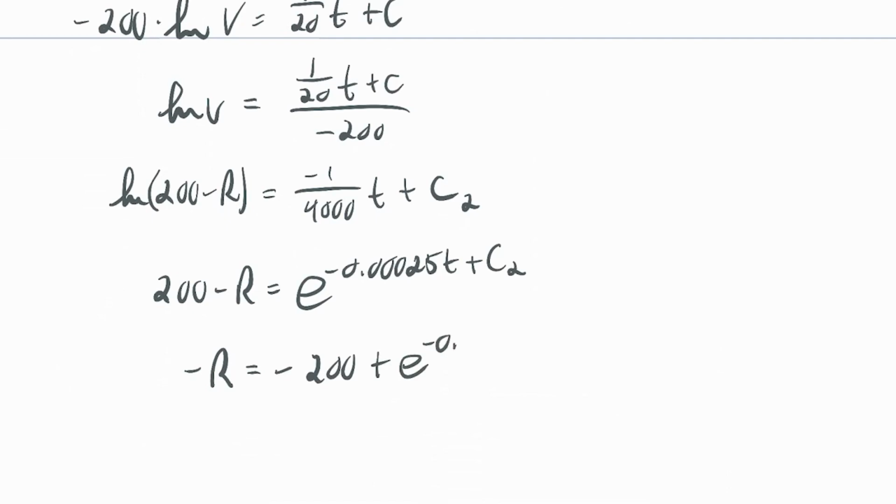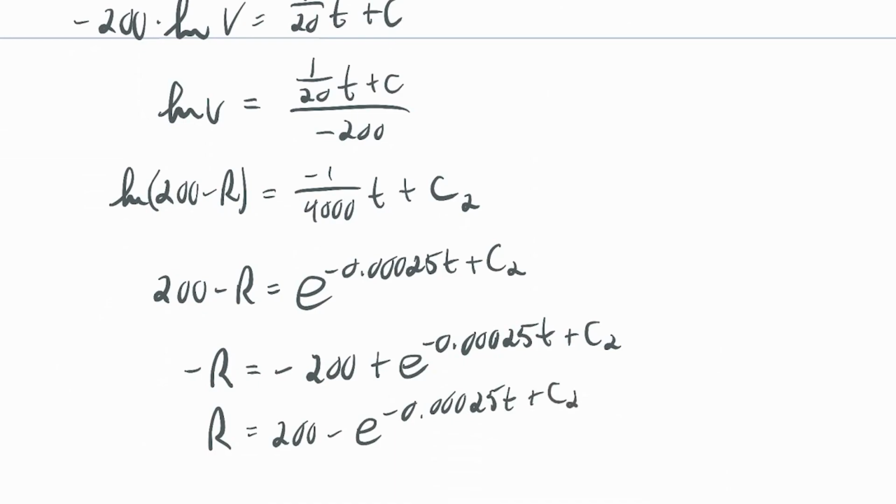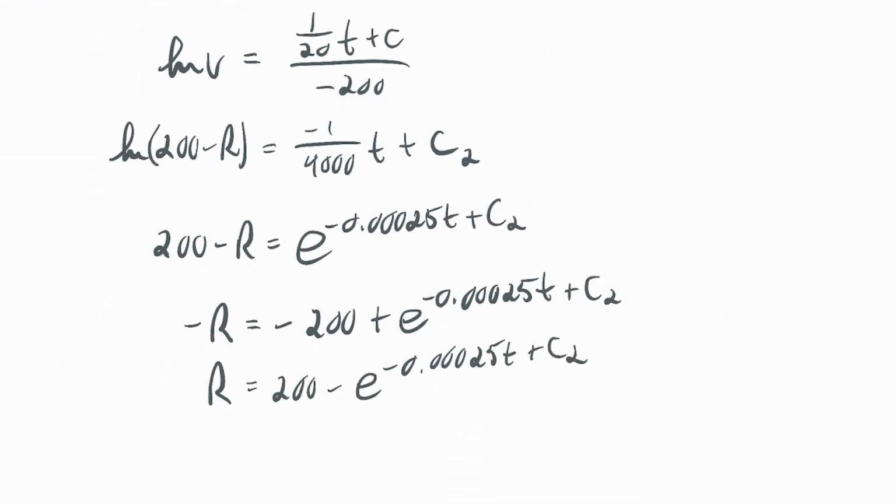Negative r equals negative 200 plus e to the negative 0.00025t plus c2. And then I'll multiply both sides by negative 1. So I get r equals 200 minus e to the negative 0.00025t plus c2 power.